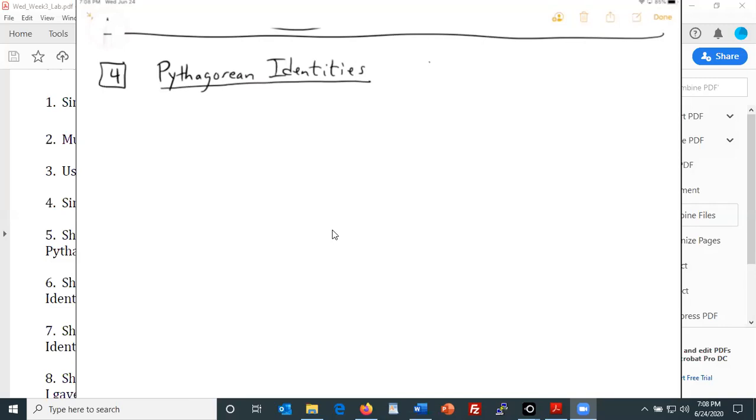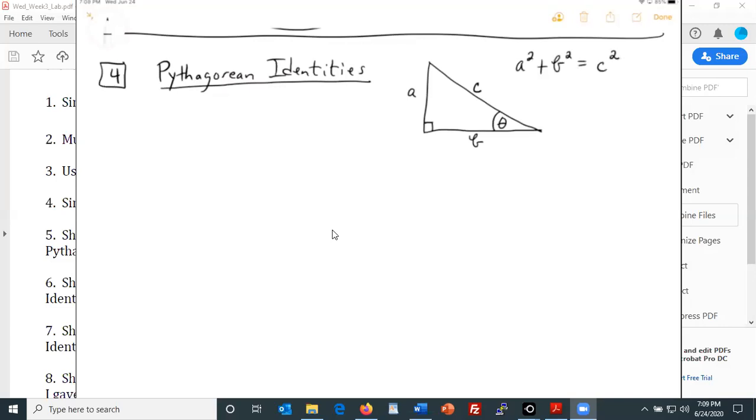All right, so let's consider a right triangle. Let's put our angle theta here that we will use as a reference. And we'll have sides A, B, and C. For this particular triangle, the Pythagorean theorem tells us that a squared plus b squared equals c squared.